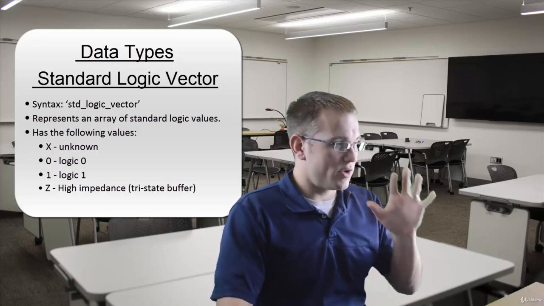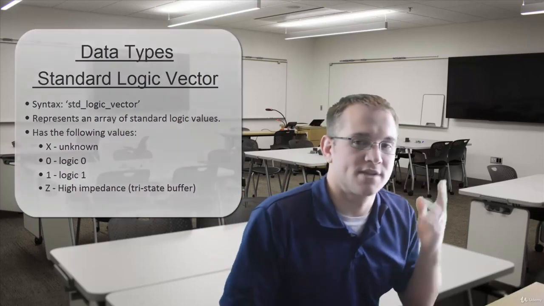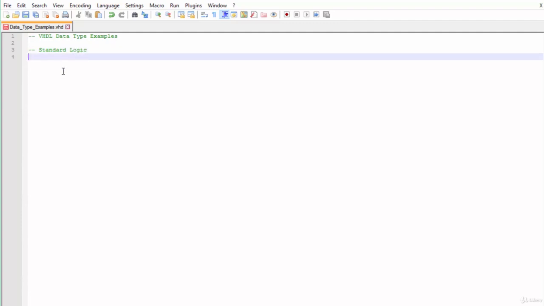So now that we understand the standard logic and the standard logic vector data types, let's take a look at some examples. Let's define a standard logic as a signal, and we'll call this signal sig_a, and we'll give it the data type standard logic by using the keyword std_logic, and then we'll give it an initial value of 0.